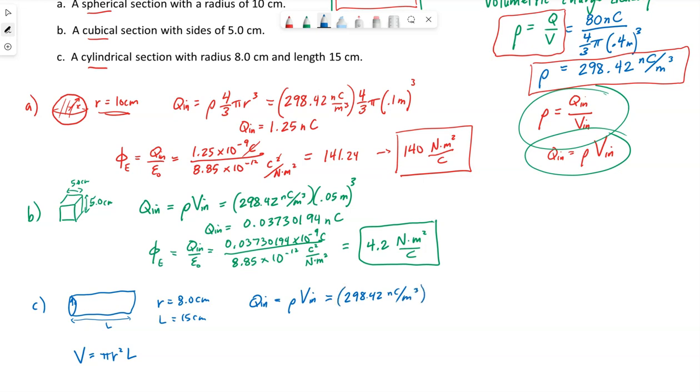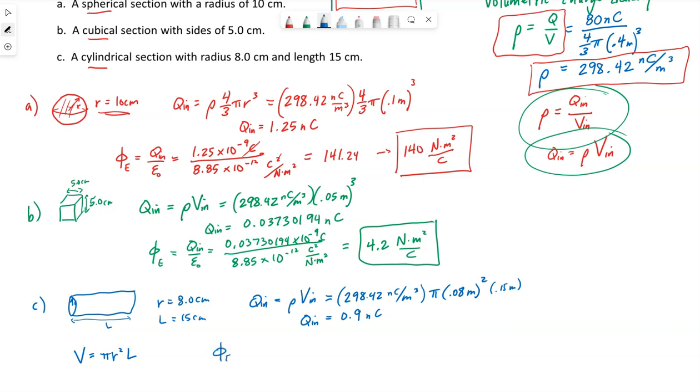So our charge density is the same. Our volume, though, is what is different. That's in meters. So pi r squared, let me write that better so you can see the meters. And then the length, I also want in meters so that this charge is in nanocoulombs. So if I have plugged this in correctly, the charge located within this cylindrical surface would be 0.9 nanocoulombs.